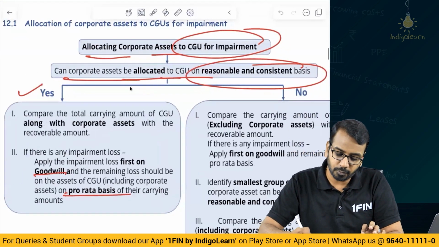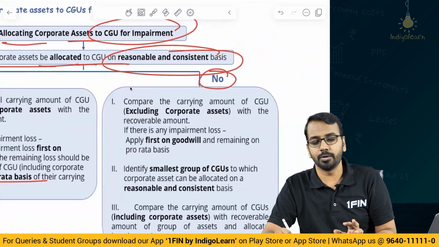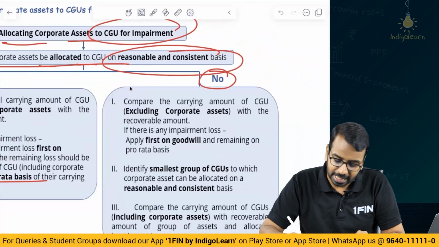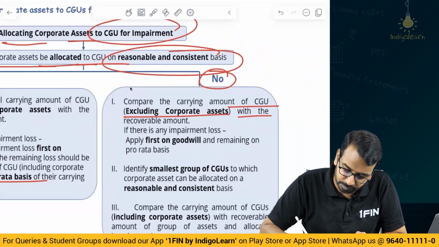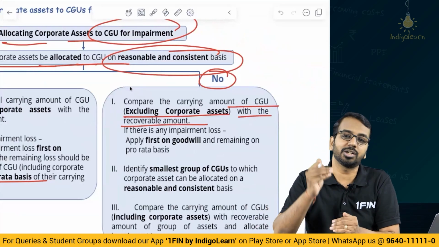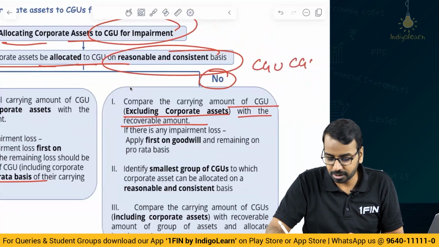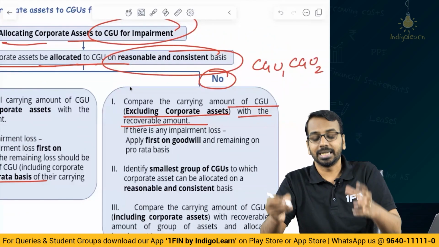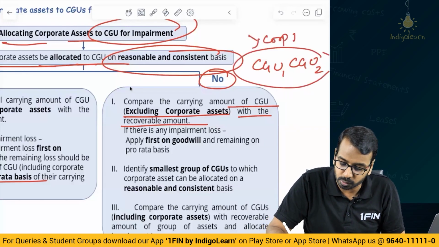Very simple. Now, if you cannot allocate the corporate asset to a CGU, then what you will do is, you will ignore the corporate asset and you will take the amount of CGU without the corporate asset and compare it with the recoverable amount, and you will do the impairment calculation and allocation normally. Then you will do for one CGU, you will do for another CGU, like this you will keep on doing till the time you can combine this CGU and add corporate asset to this.